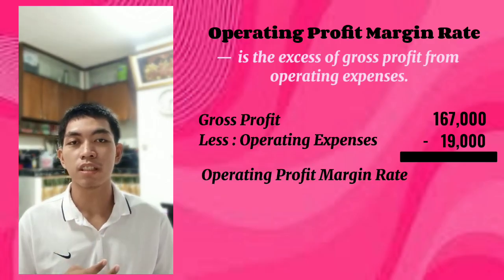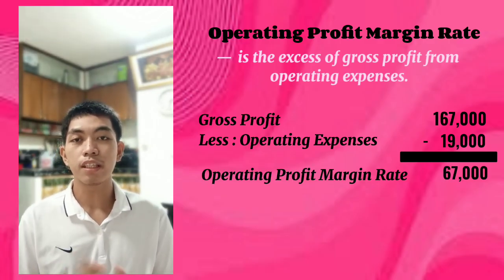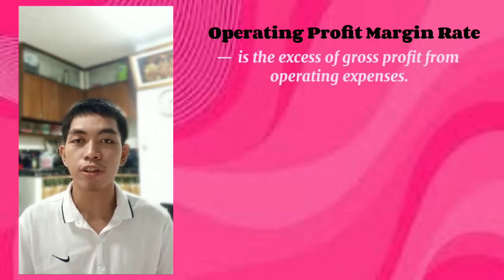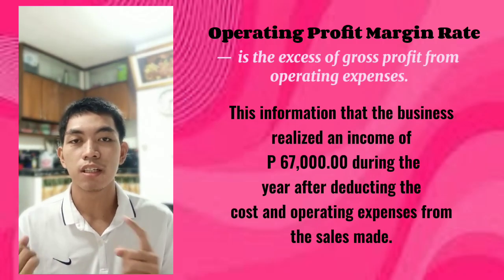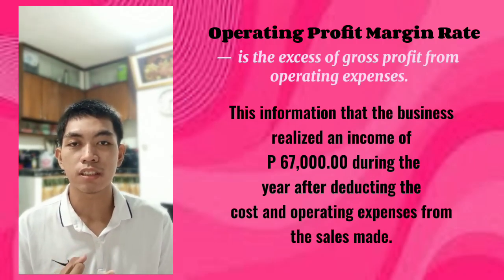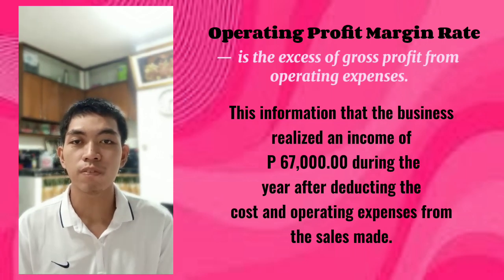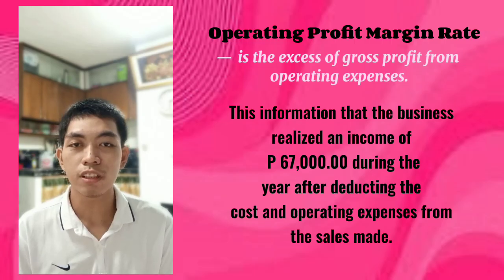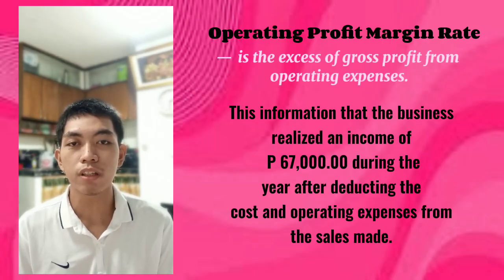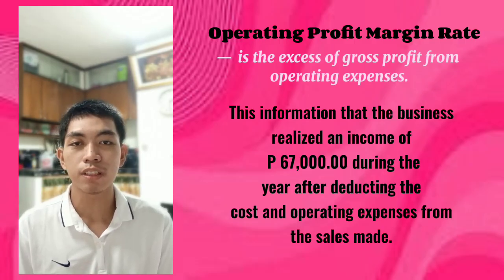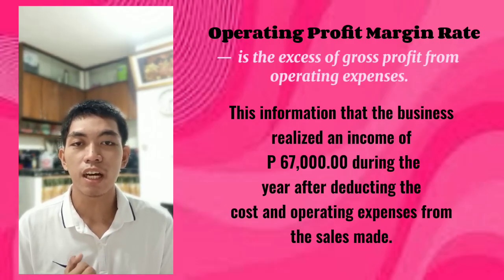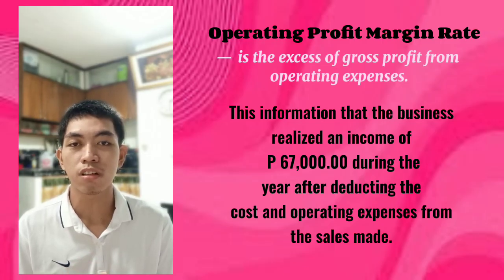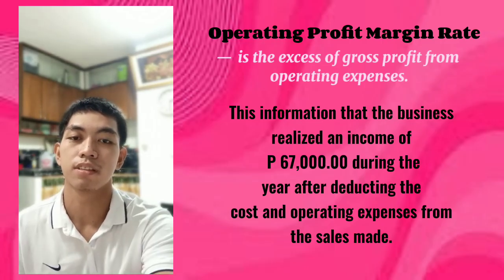Operating profit margin is 67,000. This means that after paying for all operating costs like rent, salaries, and utilities, the business earned 67,000 from its core operations. These rates help determine how well a company controls its expenses and how profitable its regular business activities are. A higher operating profit margin indicates better efficiency and stronger financial performance.